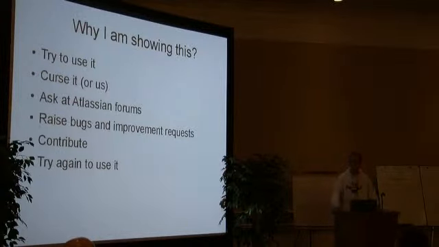Okay, so why am I showing this? Try to use it, curse, blame, swear, ask on the forums, provide patches, raise bugs, and so on. Then you and us implement the fixes, and then you will be able to use it again. Thanks.